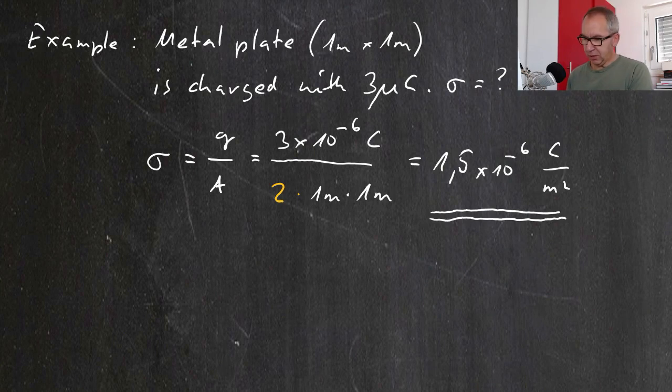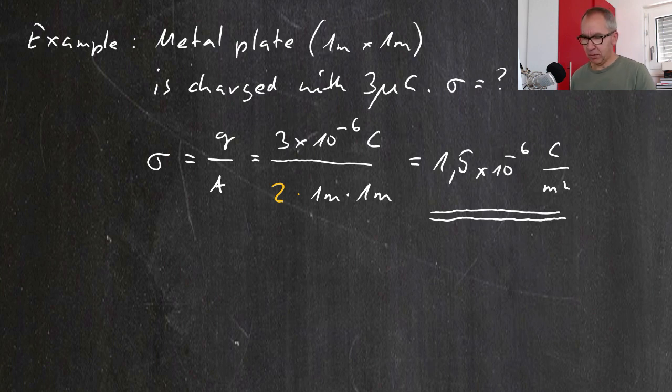Chances are that you have gotten 3 times 10 to the power of minus 6 coulomb per square meter. So be careful. If you have a metal plate, it has 2 surfaces on top and at the reverse side. So the area of it is 2 square meters. You have a small rim, of course, so we can neglect that. And therefore, the result here is 1.5 times 10 to the power of minus 6 coulomb per square meter.